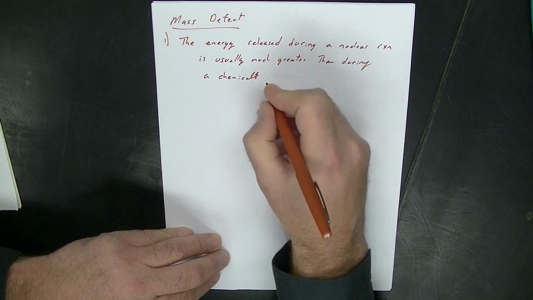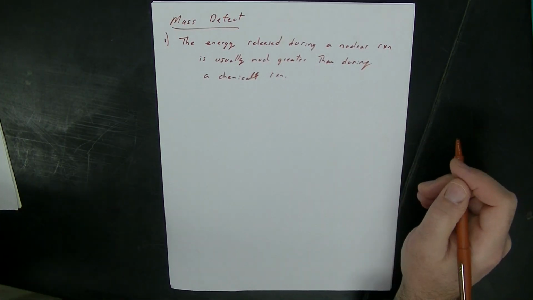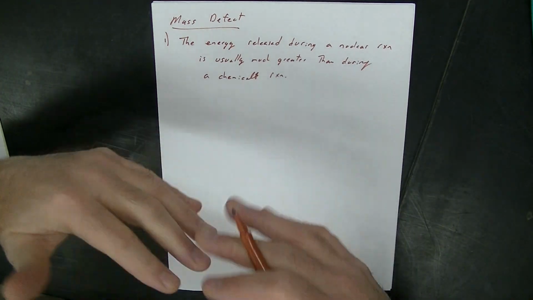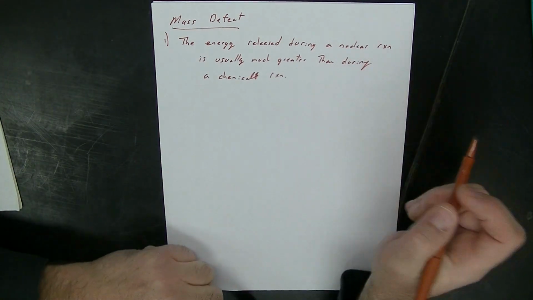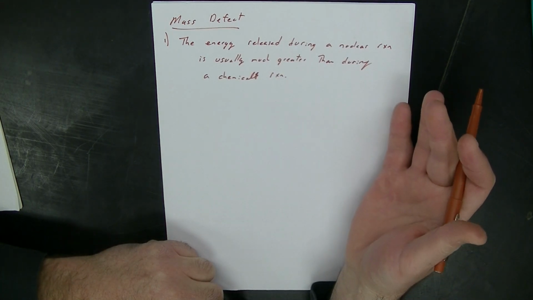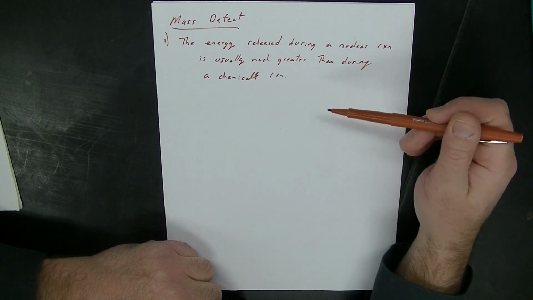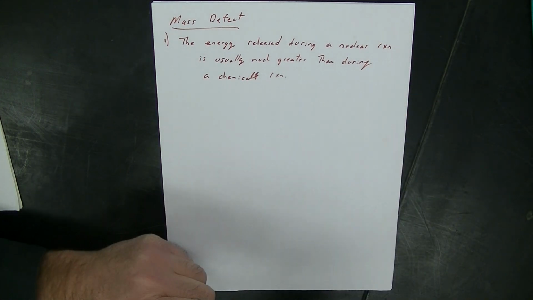In a chemical reaction, we're switching those electrons, potential energy changes a little bit, and some energies will be given off or absorbed. When we're talking about nuclear reactions, we're converting a small amount of mass to energy, and we get huge amounts of energy in nuclear reactions compared to chemical reactions.